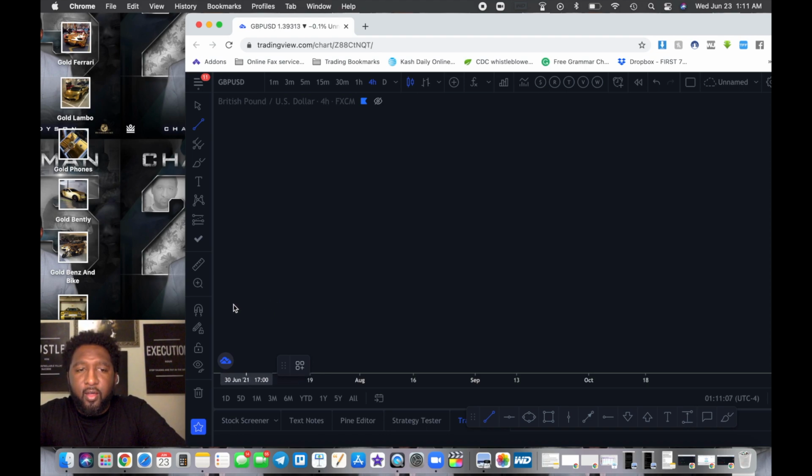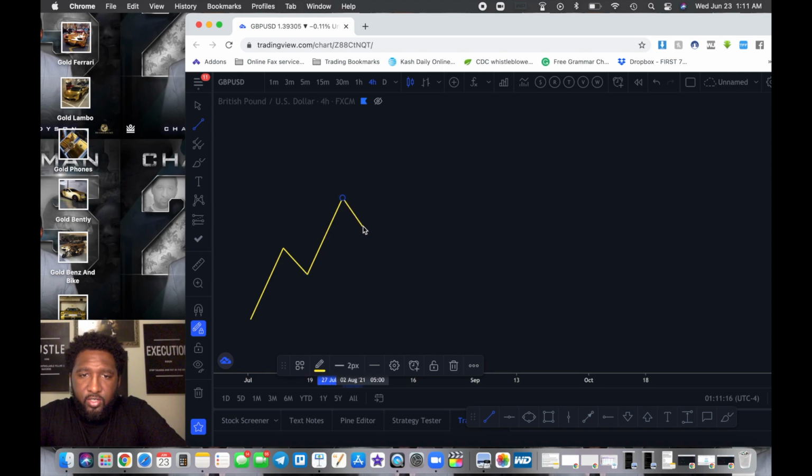So the market moves like this, okay? It moves in waves. It never goes in a straight line where it wants to go, okay? It moves like this, all right? And then sometimes the market will do this, which is called consolidation, where it moves back and forth between a range.